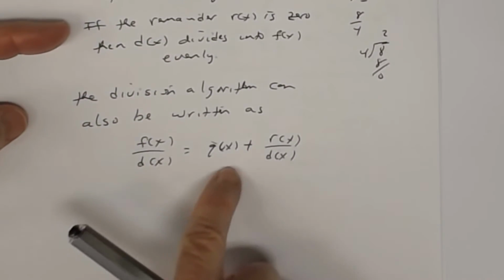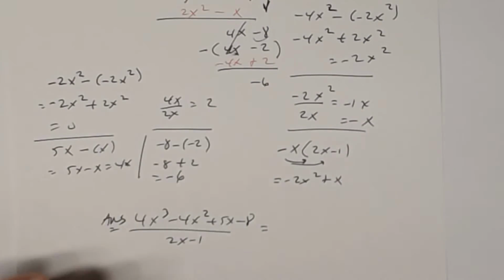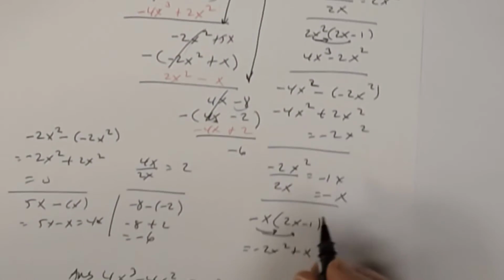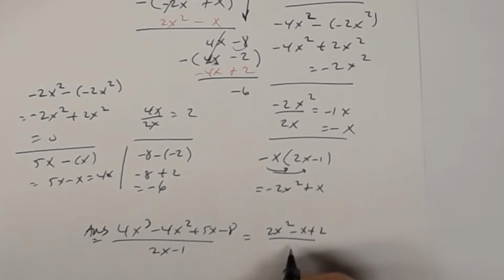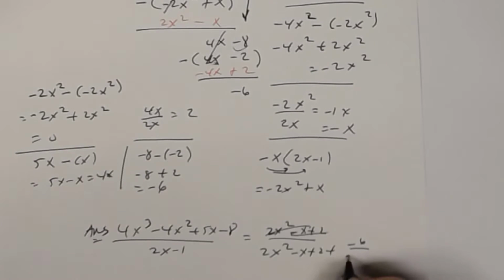It's equal to the quotient plus the remainder divided by the divisor. So remember, this is a quotient now: 2x squared minus x plus 2, plus the remainder, which is negative 6, divided by the divisor, which is 2x minus 1.